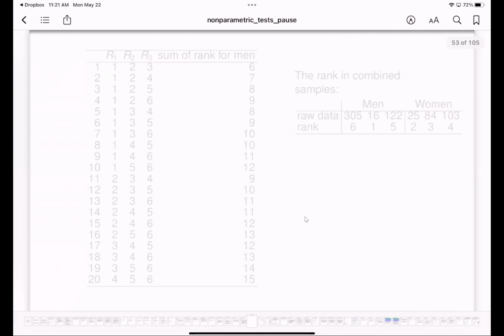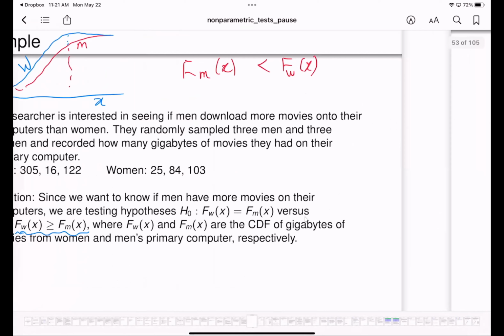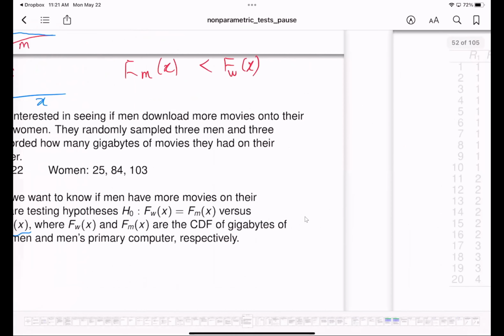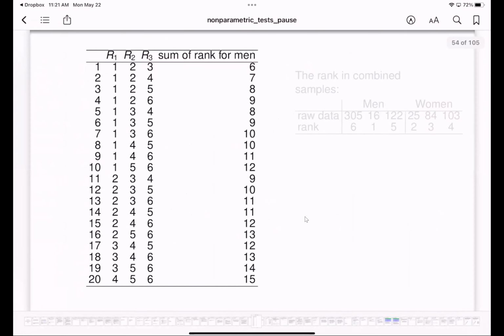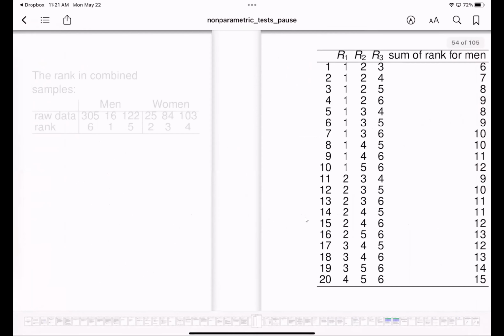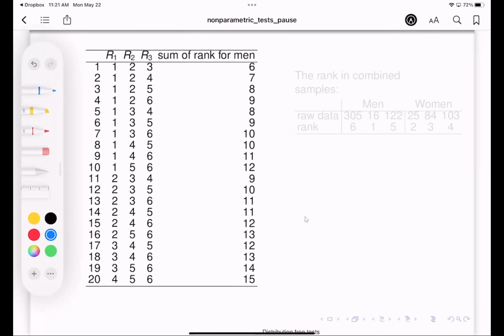For this, we consider the ranking of all possible scenarios without looking at our data. How many observations? 3 here, 3 there, so a total of 6 observations. If we consider all possible rankings, you could have all the men's ranks be the smallest, the 1, 2, 3 as the ranks.